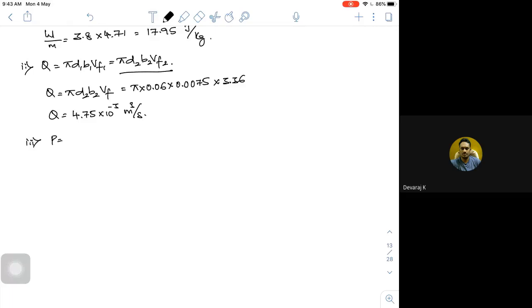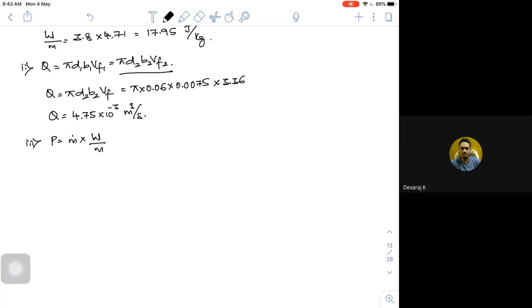Then how to find the power? Power is equal to mass flow rate into specific work, which we have already calculated. What is the mass flow rate? They are not given the mass flow rate, no? Mass flow rate we have to find.